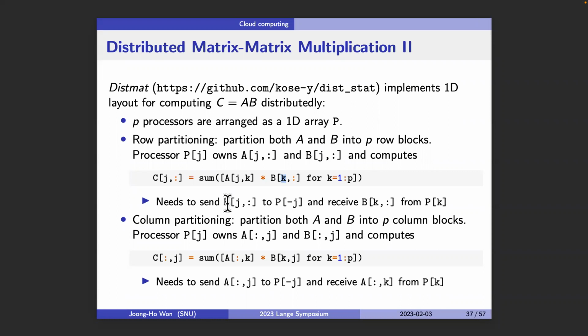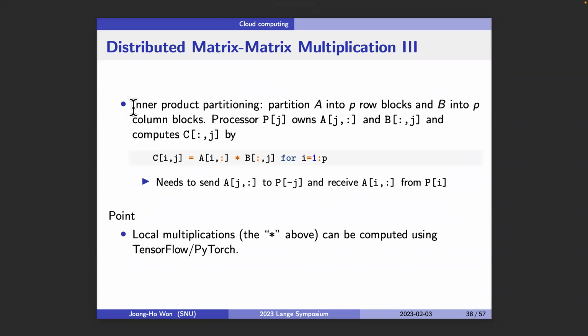So that means communication. And another one, column partitioning, partitions both A and B by columns and does a similar calculation, but this time it has to send its chunk of A and receive other chunks of A between processors.